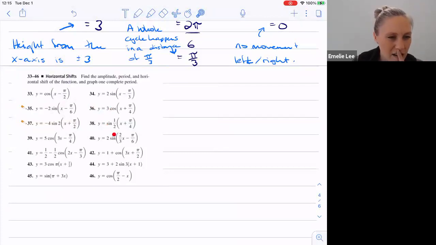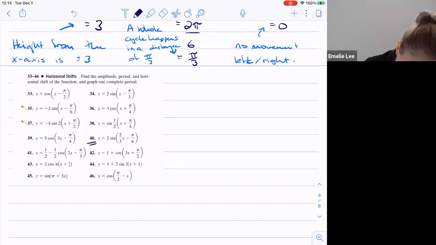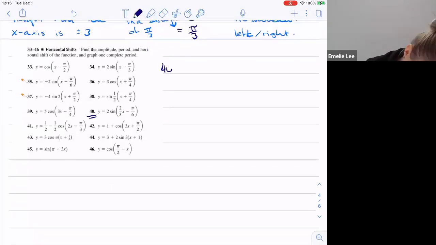Let's do 40 together. It's a little bit weird. It's one of the first ones where we have something attached to the x, right? So what we'll need to do is rearrange this and pull out the common 2 over 3. So let's do 40 first.